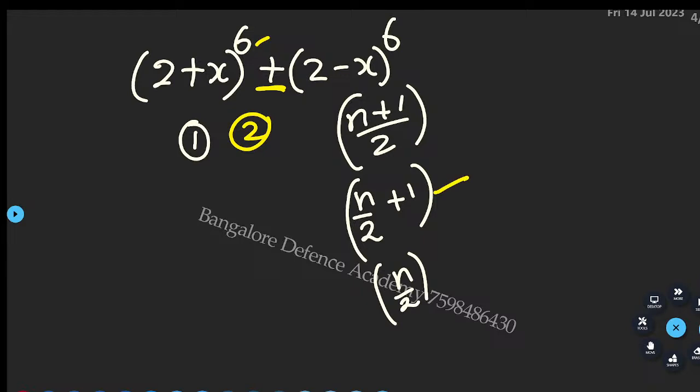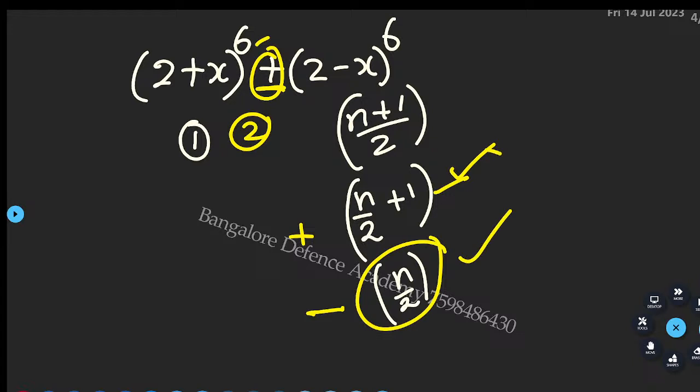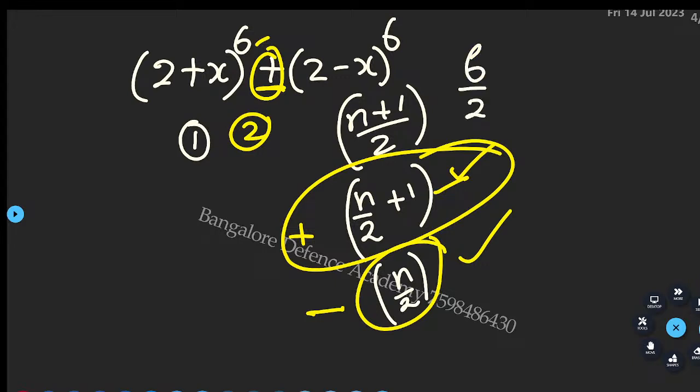This formula you will use when there is plus sign and n is even, correct? This formula you will use when there is minus sign and n is even. So tell me, you will use this one, right? What is n here now? 6 by 2 plus 1. So 6 by 2 is how much? 3. 3 plus 1 is how much? 4.